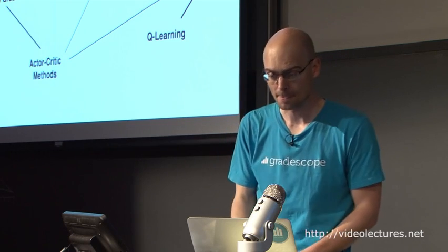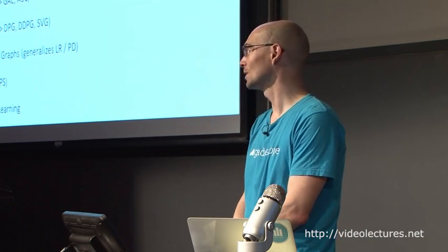Here are the ideas I want to get across: derivative-free methods, likelihood ratio policy gradients, natural gradients and trust regions, actor-critic, path derivatives, a different way of computing derivatives than the likelihood ratio, a generalization of that through stochastic computation graphs, guided policy search, and inverse RL. The last two are probably for this afternoon.